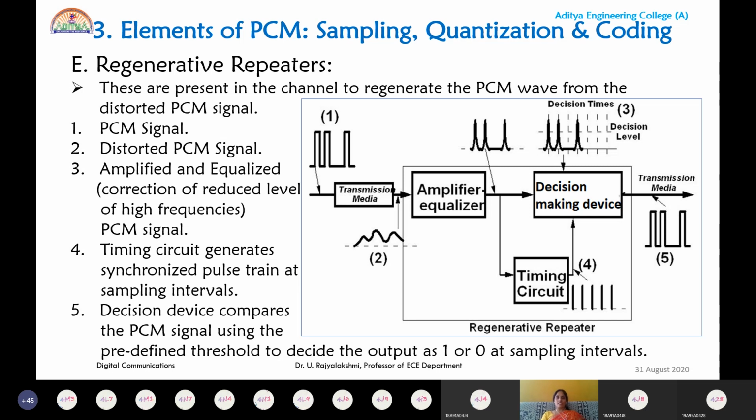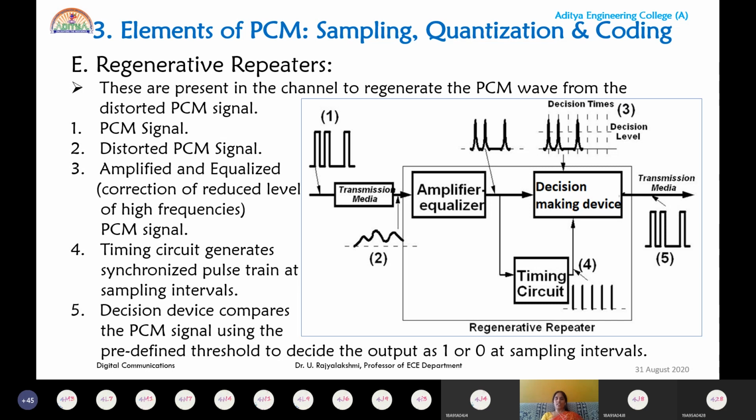Now the decision making device possesses a predefined threshold. Based on the predefined threshold, the decision making device compares the magnitude of the distorted PCM with the threshold at sampling intervals provided by the timing circuit.